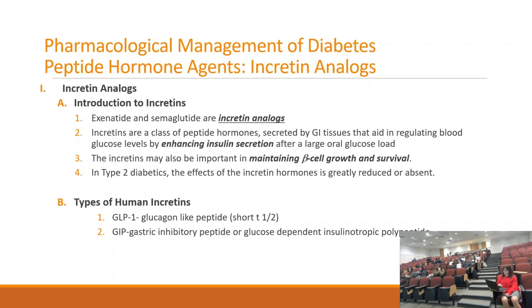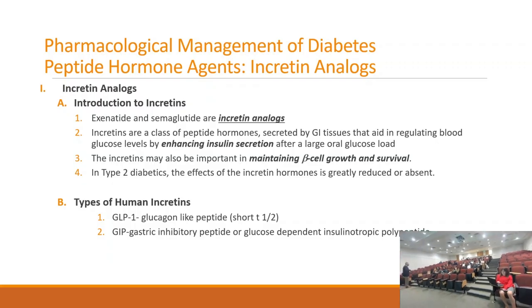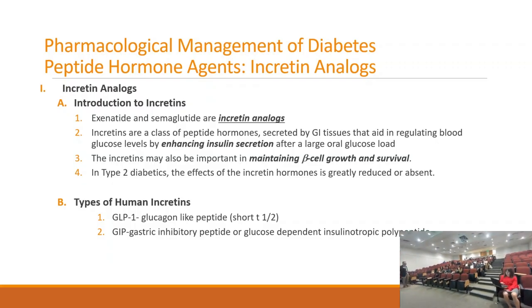Okay? One of the other things that we see in type 2 diabetics in many cases is that the effects of the incretins are diminished or absent. So as you're losing tissue sensitivity to insulin and insulin becomes less and less effective, we also see a decline in the effectiveness of the incretin hormones. We talked about two different types of human incretin hormones, GLP-1 and GIP.